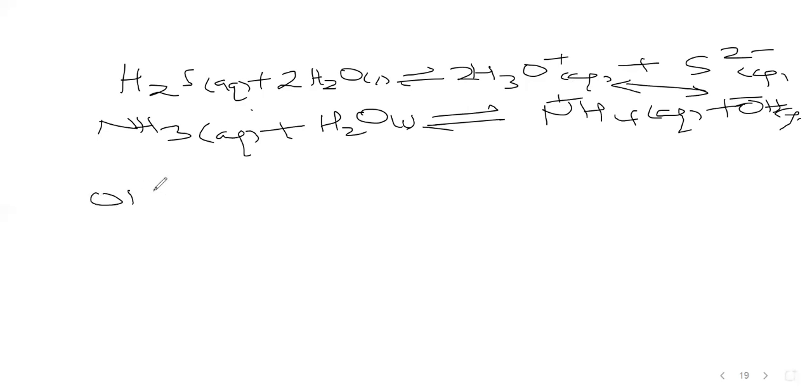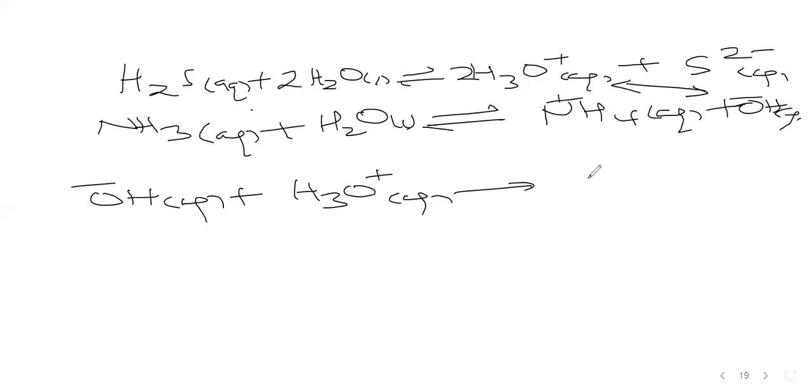So the hydroxide ions react with hydrogen ions to give us water. Can we balance this equation? Yes, we can, by putting a 2 here. Those are 4 hydrogens, which are the same as this side, and 2 oxygens.